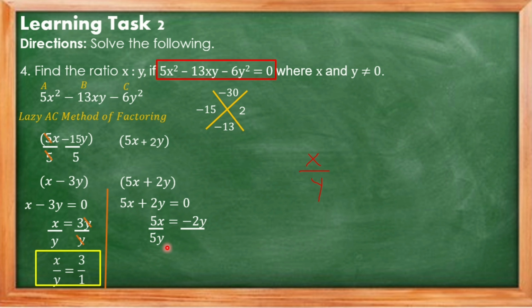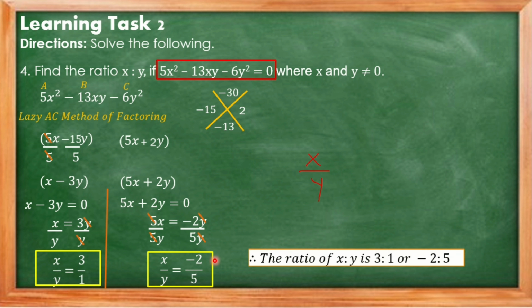Okay, so kakancel lang natin to 5 divided by 5. So ang matitira na lang dyan ay x at saka y. Tapos dito, kakancel natin din yung common nila, which is yung y. So, ang natira na lang ay x over y is equals to negative 2 over 5. Okay, so therefore, the ratio of x is to y is 3 is to 1 or negative 2 is to 5.